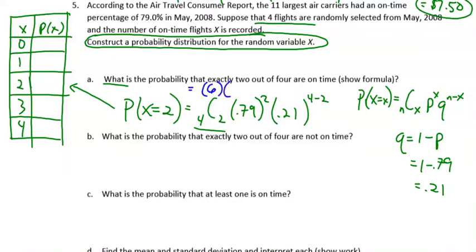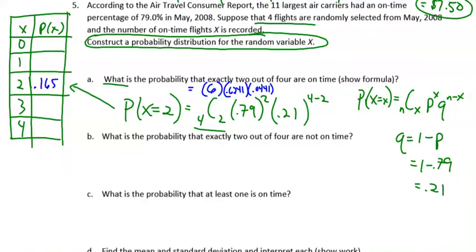So that's 6. 0.79 to the second is 0.6241, and 0.21 to the second is 0.0441. Those are those three numbers. Of course, multiply them together: 6 times 0.6241 times 0.0441, and the probability, remember, should always be between 0 and 1, is 0.165.